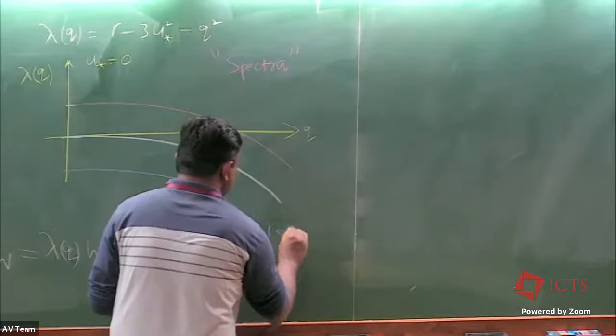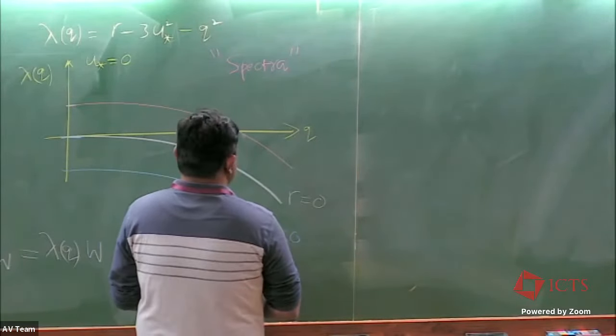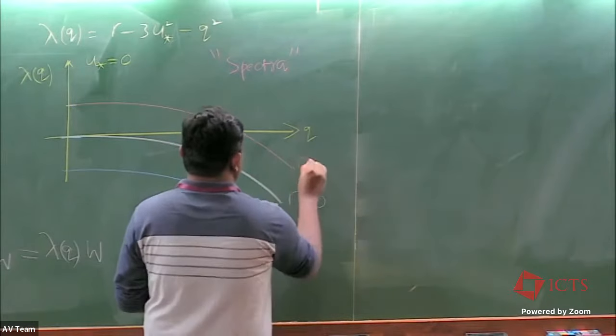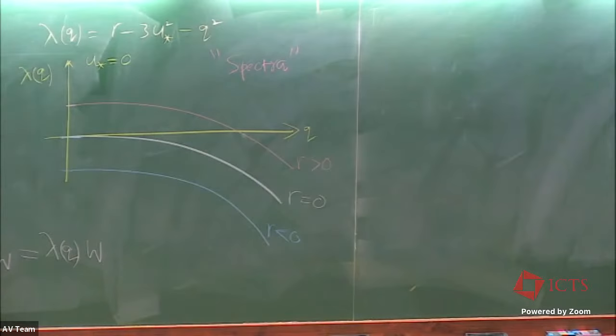So this is R negative, this is R equal to 0, and this is R positive. So we got back similar things to what we had for the ODE model, that R as it crosses 0 induces an instability of the homogeneous state U star equal to 0. Can you please do this for me now?